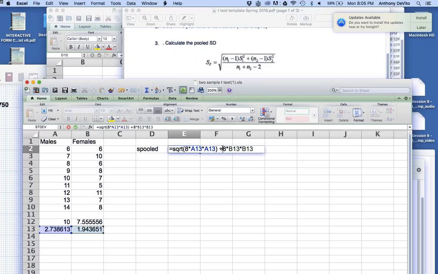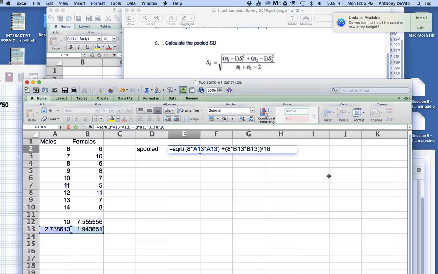I'm going to put those added terms all together in parentheses, and divide that whole thing by n1 plus n2, which is 9 plus 9 is 18, minus 2 is 16. Divide that by 16.